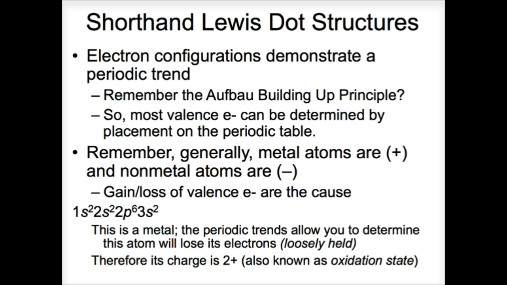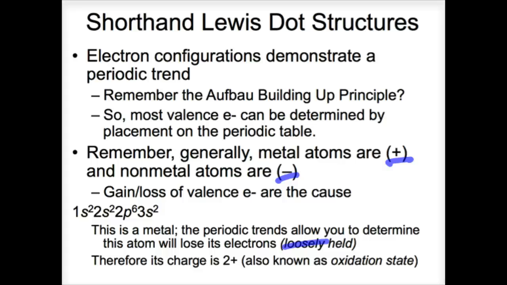So basically we're getting all the reminders of the stuff we just talked about in terms of determining our valence electrons from our noble gas configurations, recognizing all the clues that we are given in our electron configurations, both in terms of our periodic properties, where we have loosely held versus tightly held electrons, what this means in terms of the valence, whether they are given or taken, and the subsequent charges produced in those ions if I have a complete transfer of electrons.